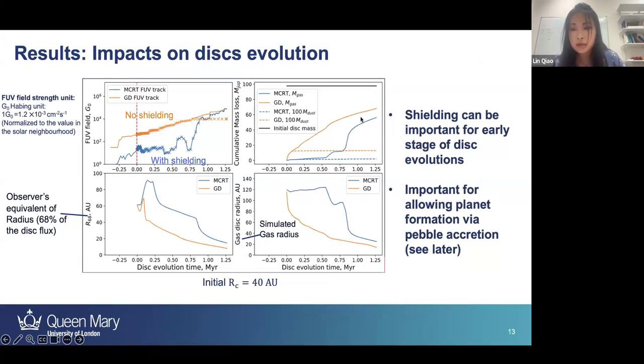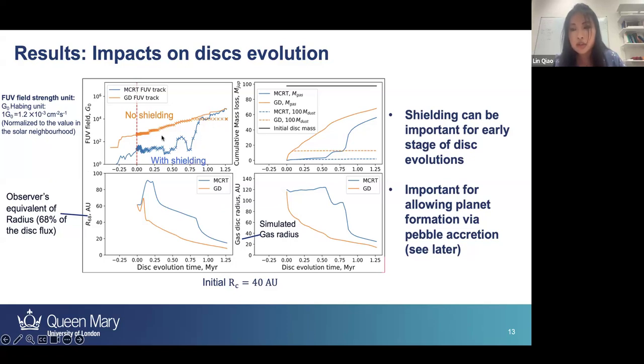But here's an example of a disk evolution history around a particular host star in the cluster simulation shown in the previous slides. On the top left plot, the blue curve shows the FUV incident upon the disk as a function of time as the cluster evolves. In this case, the disk is initially shielded for approximately 0.8 million years before being exposed to a strong UV radiation.